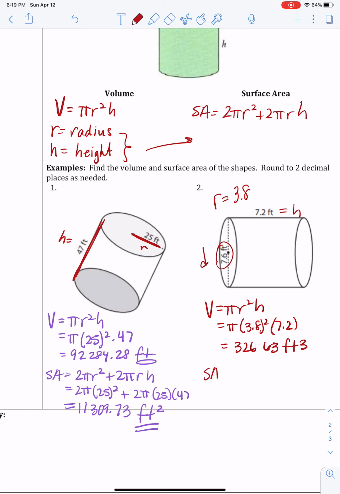And surface area, same formula, 2 pi r squared plus 2 pi r h, 2 pi 3.8 squared plus 2 pi 3.8 times 7.2 gives me a surface area of 262.64 feet squared. And there you have volume and surface area for rectangular prisms, sometimes called cuboids, and cylinders.